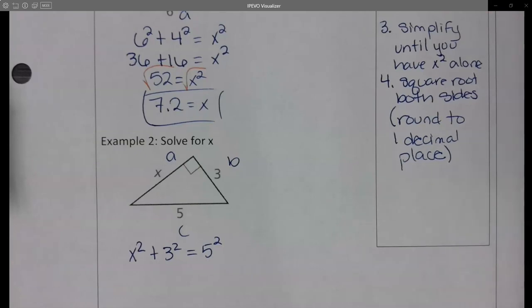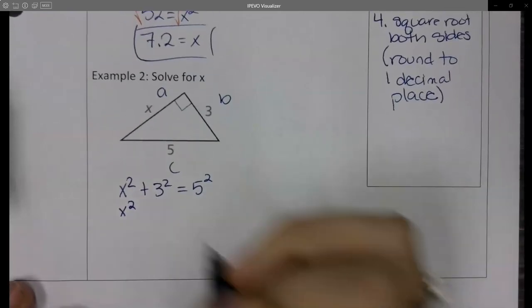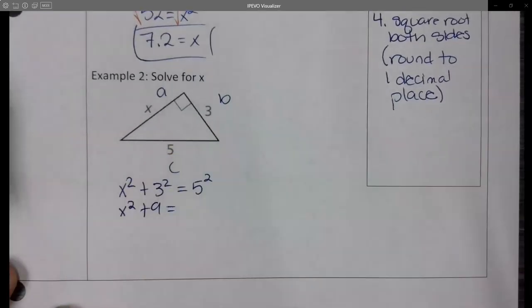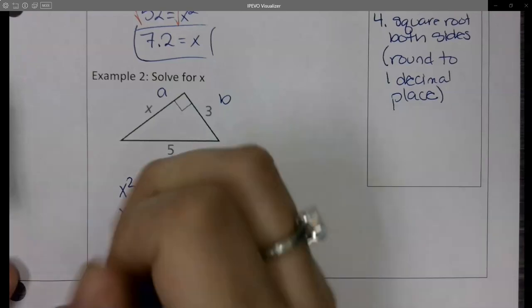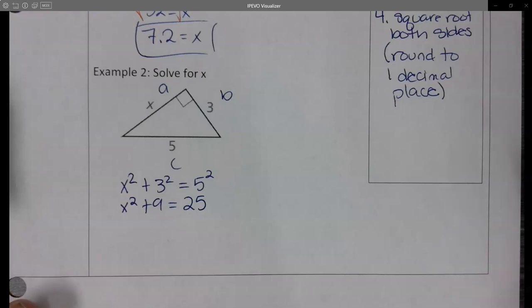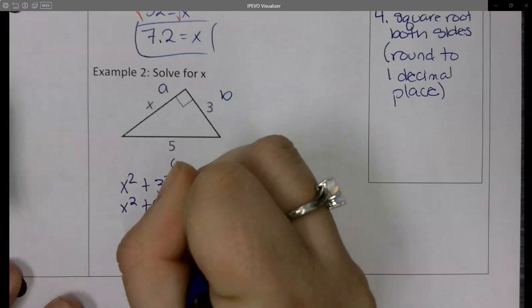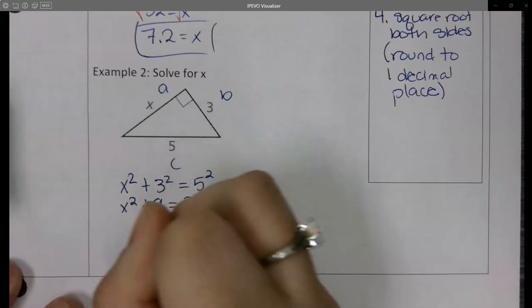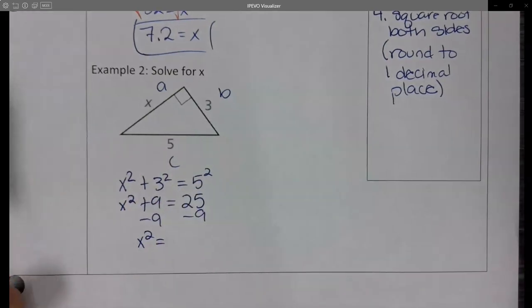Then I want to go ahead and square all of my numbers. So 3 squared is what? 9. And 5 squared is 25. Okay, so for this one, in order to get x alone, I need to subtract that 9 on both sides, which is going to give me x squared equals, what's 25 minus 9? 16.